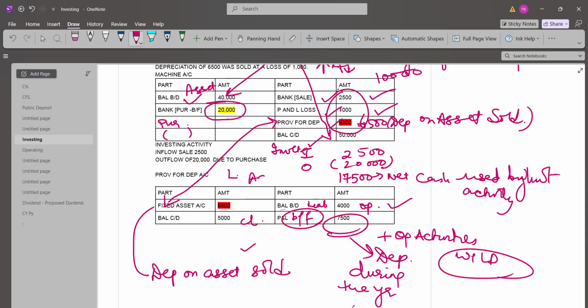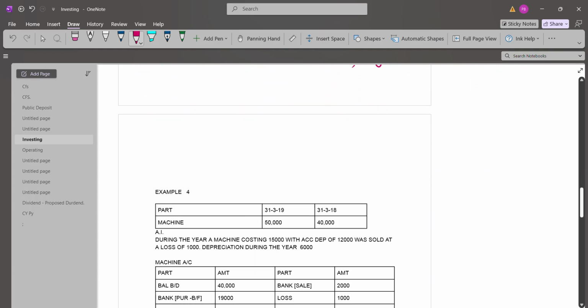You prepare the accumulated depreciation or provision for depreciation account. The brought down, or previous year, or you can say opening balance comes on the credit side, closing balance comes on the debit side. This is depreciation on assets sold. Either this or this, one of the two will be given to you. The other one you have to find out. If they had given depreciation during the year, you would have calculated this and you would have got the profit or loss on sale of asset. Then let's come to the next thing. Example.